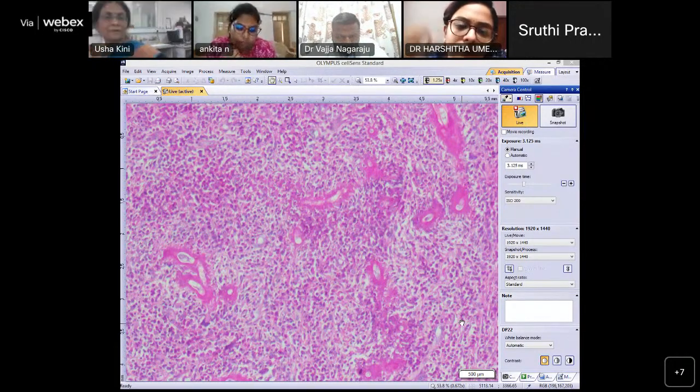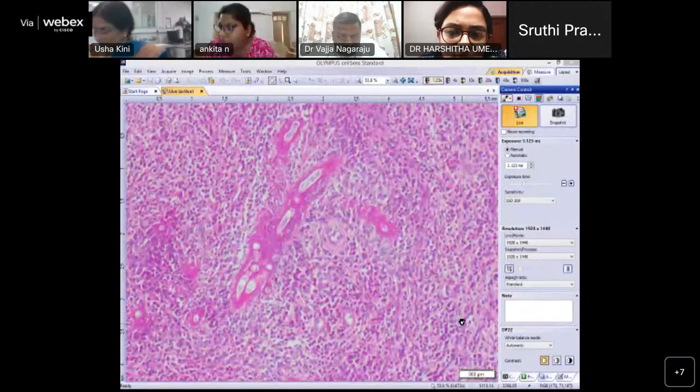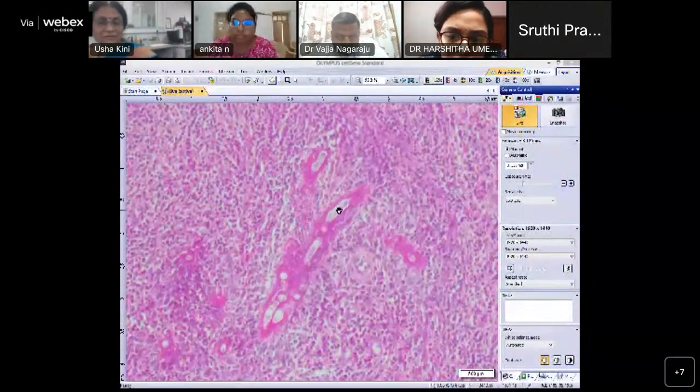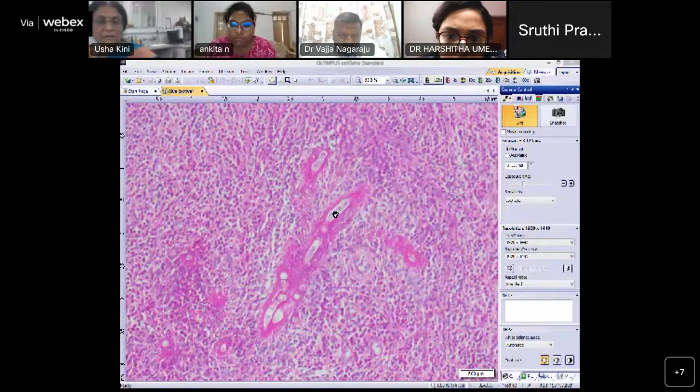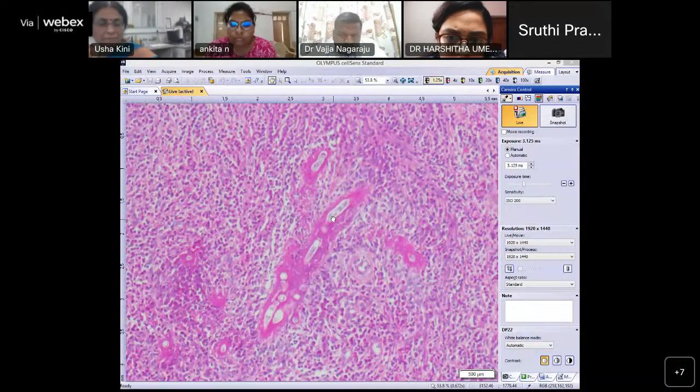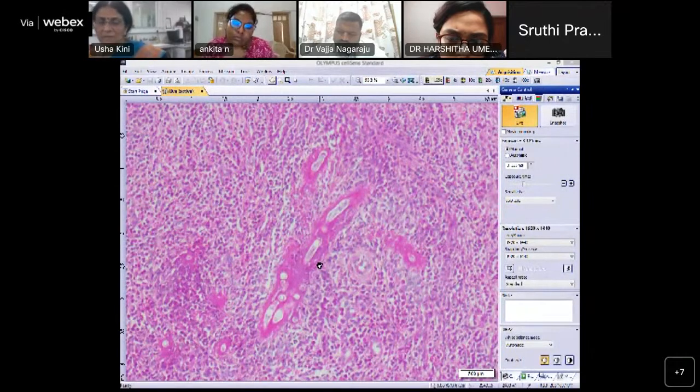You see that there is a structure in the center of this Splendore-Hoeppli. These are the hyphae. Okay. But we can't go more into it because it is masked by the Splendore-Hoeppli.